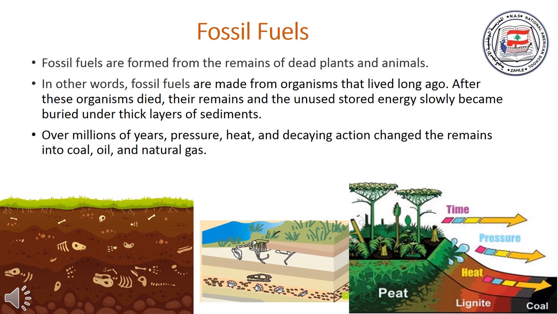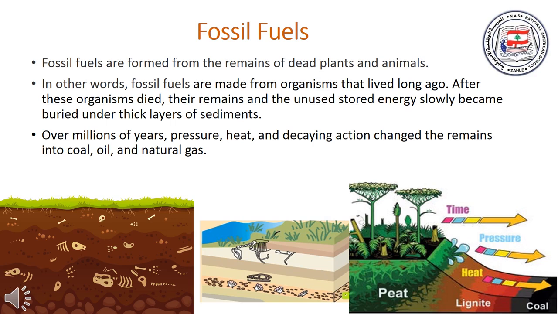After these organisms died, their remains and the unused stored energy slowly became buried under thick layers of sediments. Over millions of years, pressure, heat, and decaying action changed the remains into coal, oil, and natural gas.